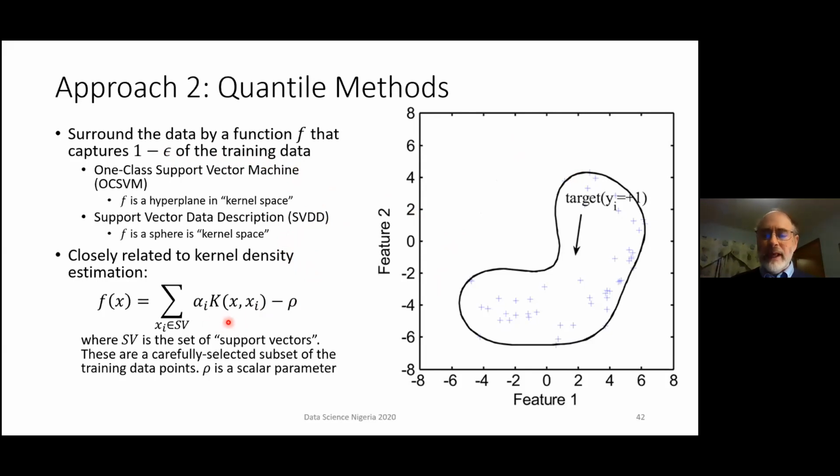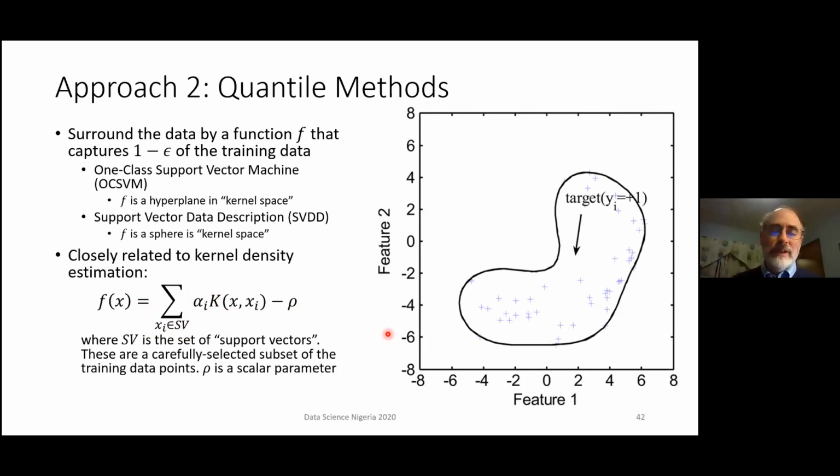But instead of putting a Gaussian kernel on every data point, we choose a subset of the data points that are called the support vectors, and we just calculate the distance to them, and that's what goes in the kernel here. And then we take a non-uniform weighted sum, so we also learn weights on these kernels. And then there's an intercept term that we subtract off, and this gives us our function f.